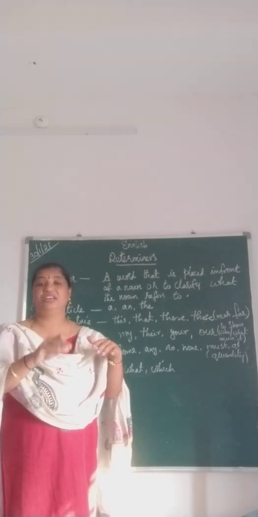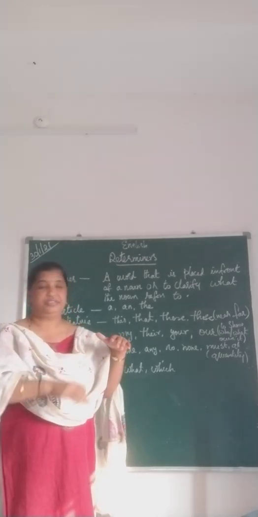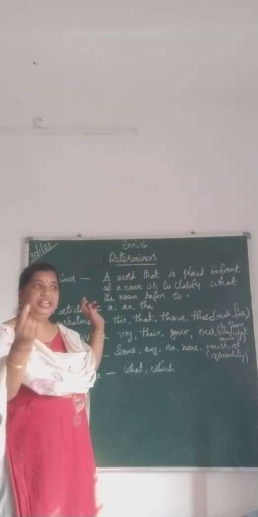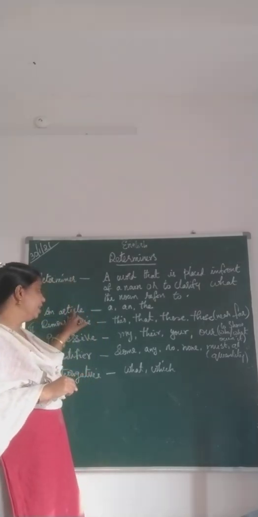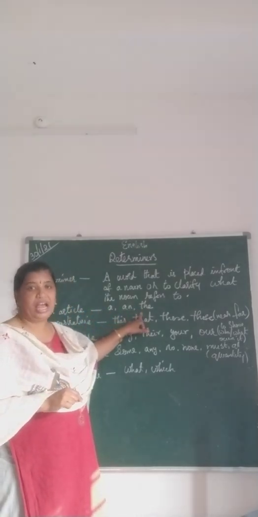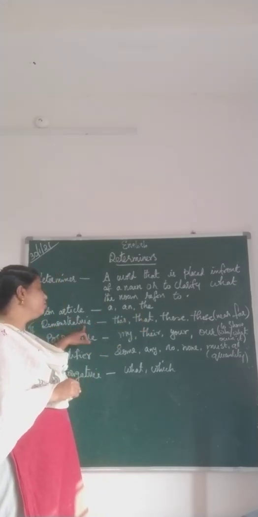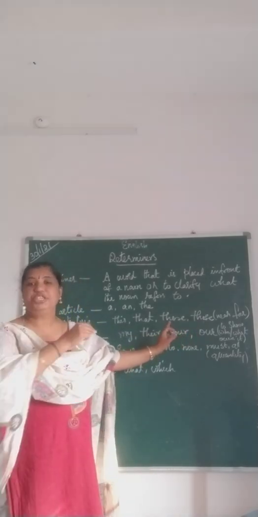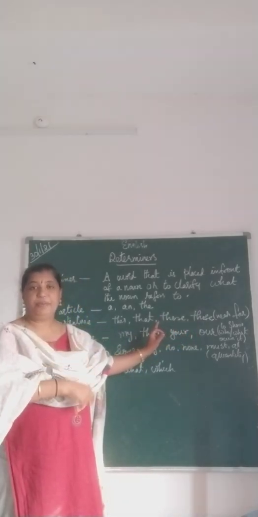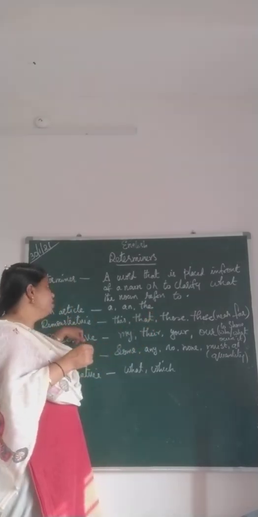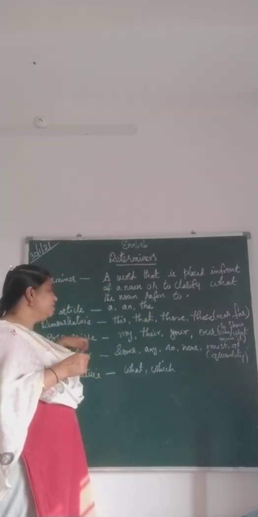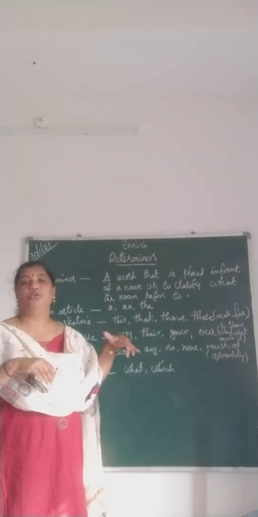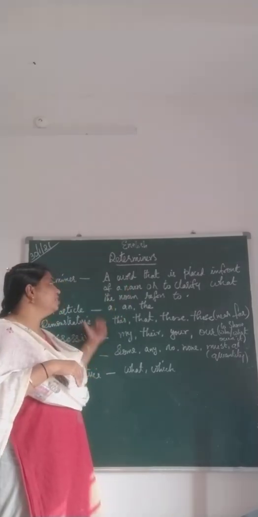It will tell you where the noun is or how it is or what it is. Such words are called determiners and they are used in front of a noun.